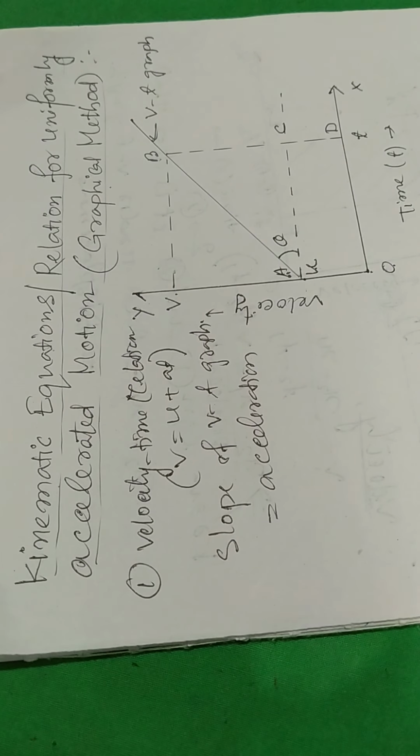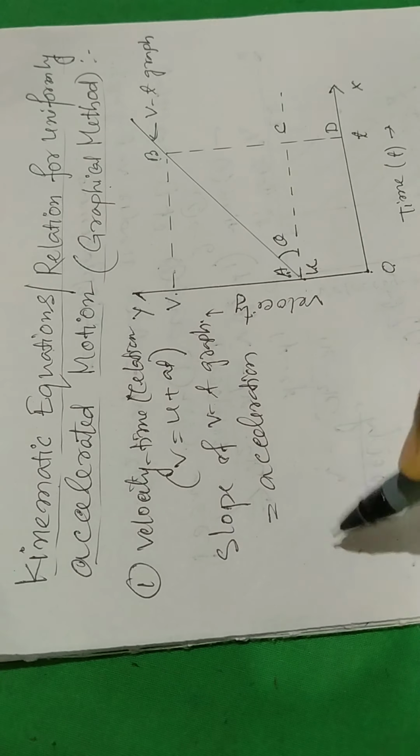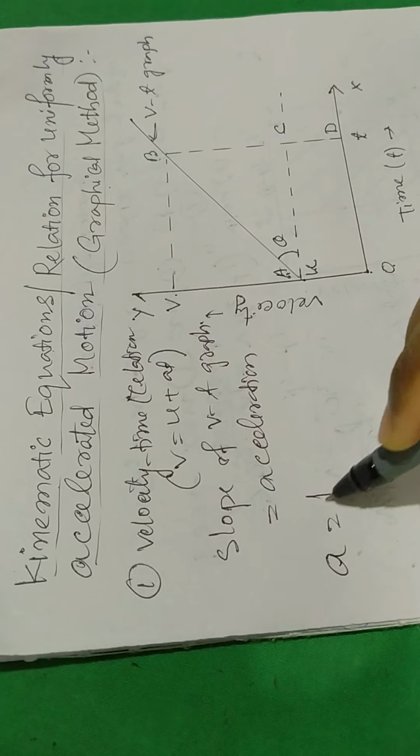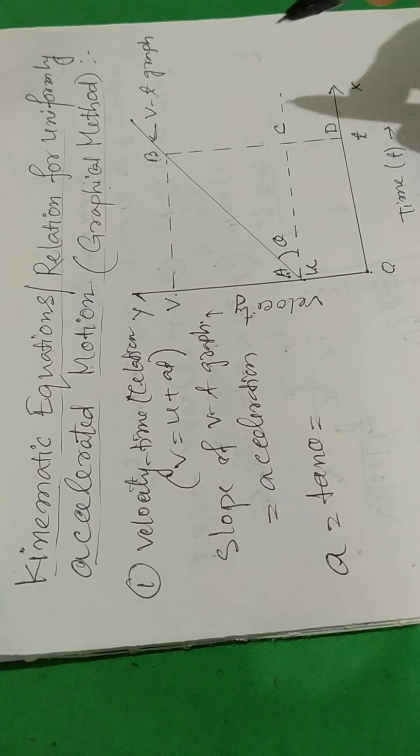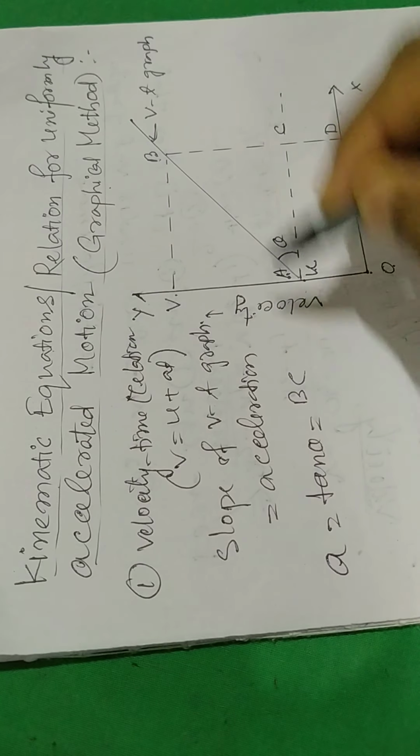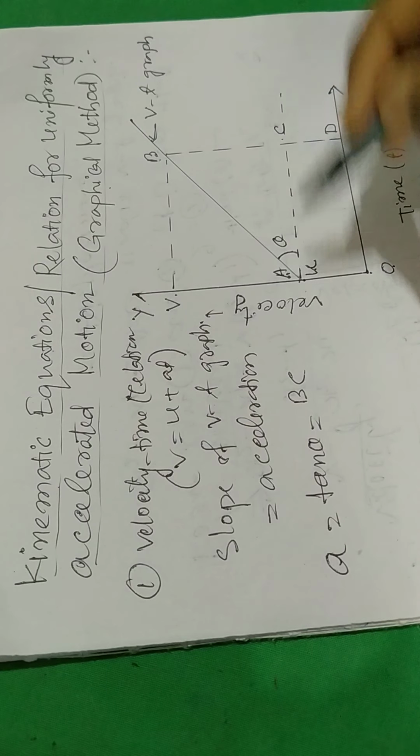What does the slope of the VT graph represent? The slope of the VT graph represents acceleration. So acceleration equals the slope of the VT graph, which is a equal to tan theta, BC by AC.